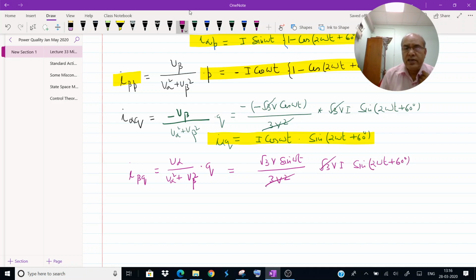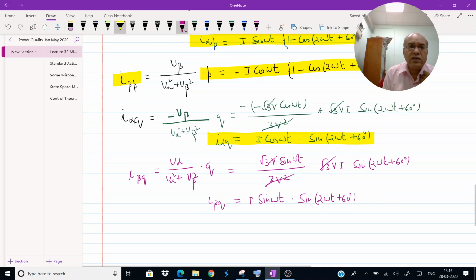So this goes away with this. Finally we have I sine omega t into sine 2 omega t plus 60 degree. Okay, this is I beta Q.